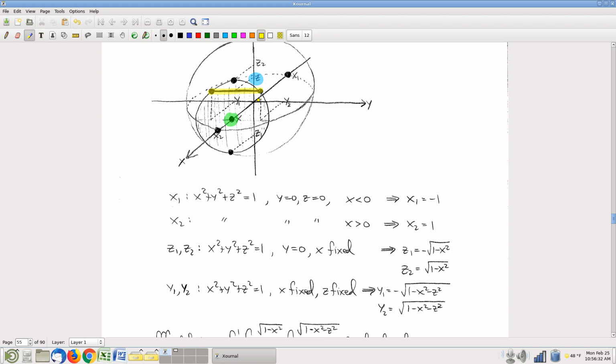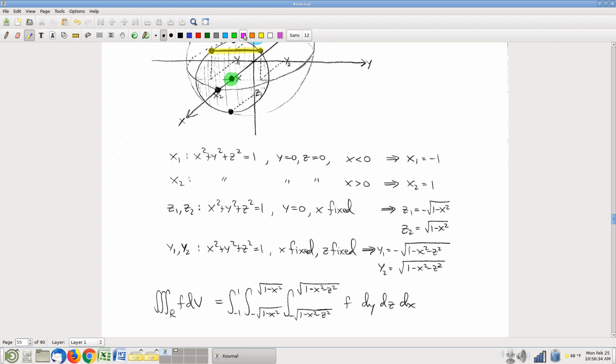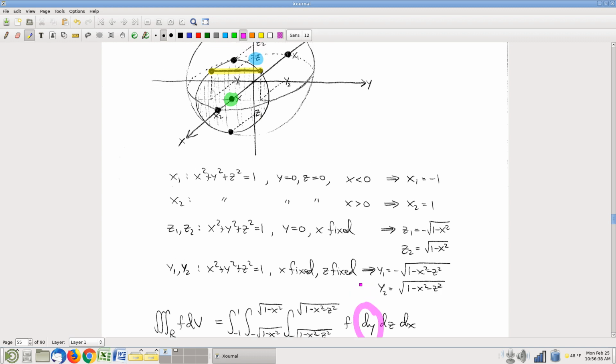I'm now interested in finding y bounds with x and z chosen. Well, there's the first point. It corresponds to my first y bound. There's my last point that corresponds to that upper y bound. Those points are on the sphere. x and z are fixed. Do the appropriate algebra, and you get that.